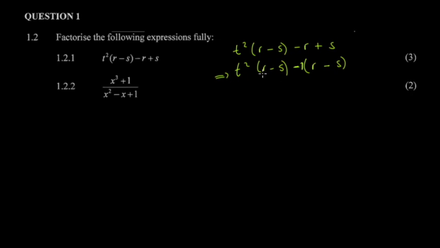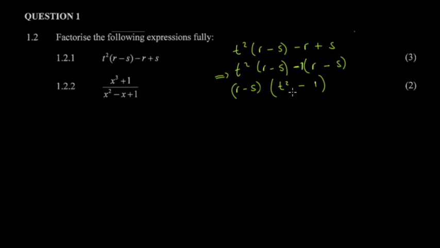So here r minus s is common, so you can factor out r minus s. Then you say r minus s into this, which is a whole term. This multiplying this is a whole term, so you get t squared here, then minus 1 here. This is how you go about it. Or you can just take this and take this, and they make their own brackets.